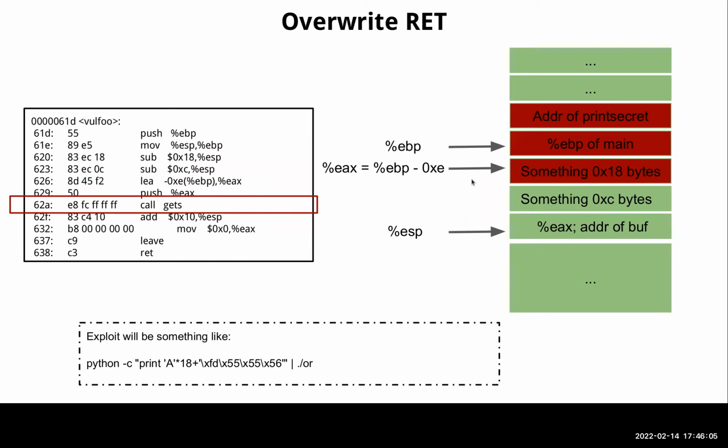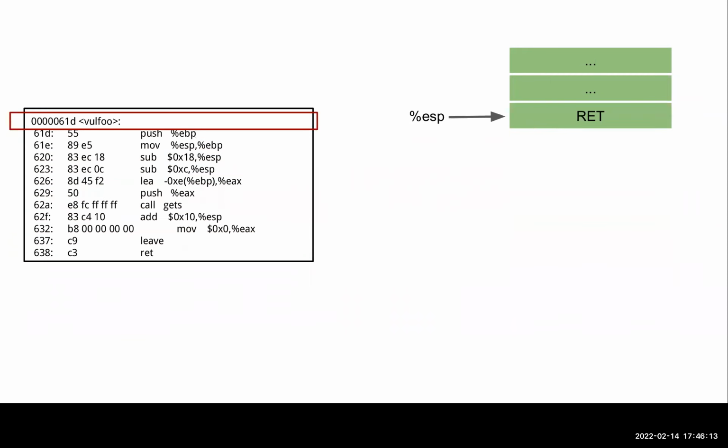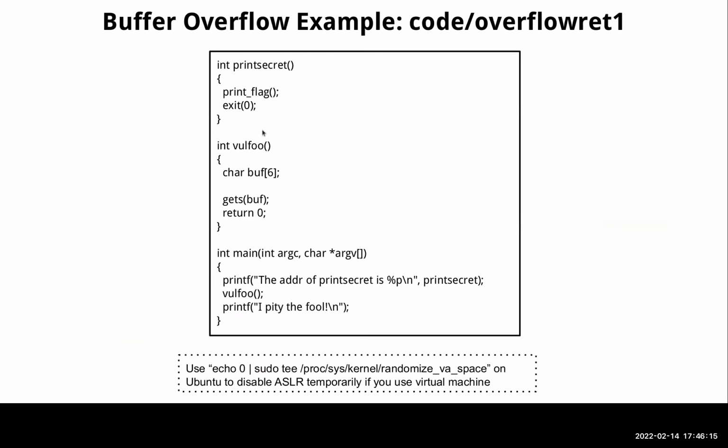So eventually, when the program leaves that address, it will trigger a segment fault. But the print secret function doesn't give it a chance to return, because of exit. The process will be killed.